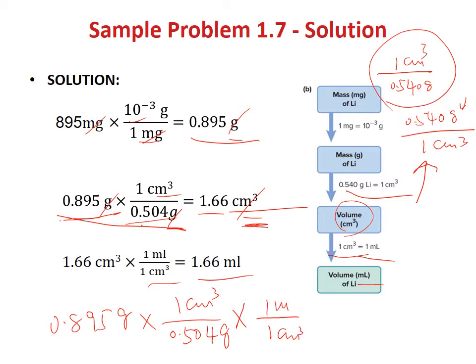You can see the gram cancels, you get cubic centimeter, and then the cubic centimeters cancel each other, so the final unit is milliliter. Then you use this number divided by 0.54 times 1, and that gives you the answer. So you combine two steps together, and that's also a common practice.